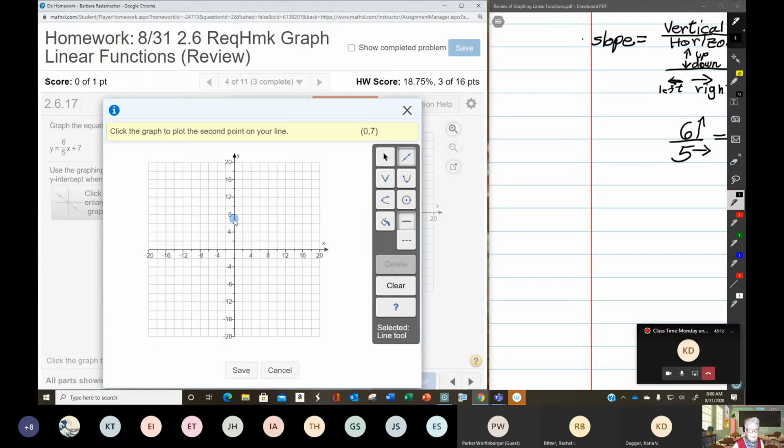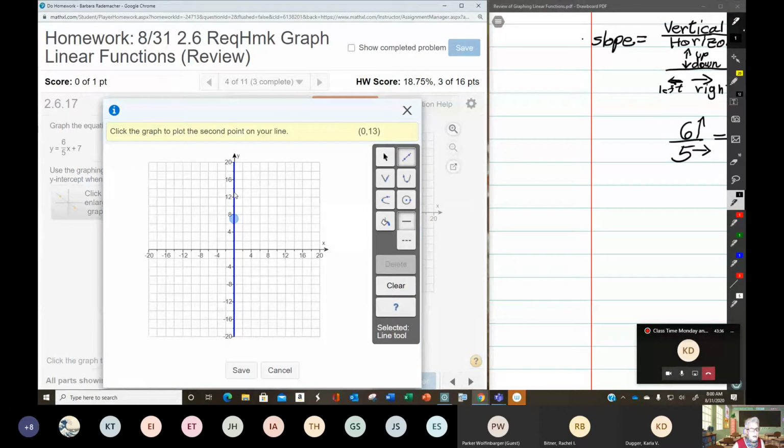Okay. Now there I go. Now I am going to follow the roadmap provided by the slope. I'm going to go up 6. So I have to count carefully. 1, 2, 3, 4, 5, 6.